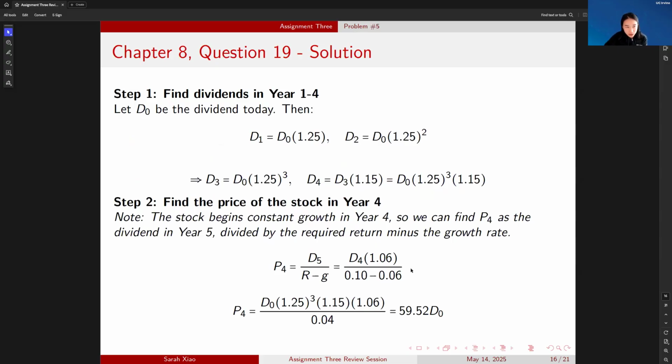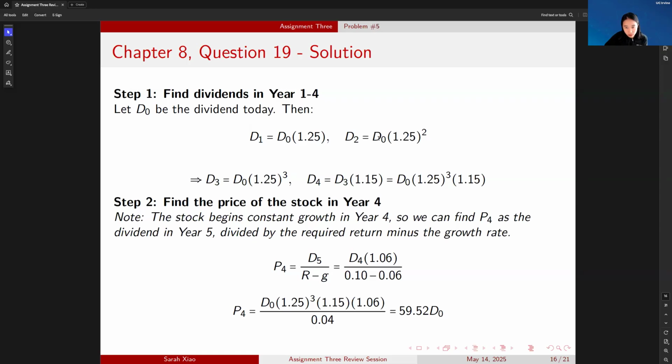So the first step, we want to find the dividends in years 1 to 4, because that is the first stage we just discussed. So we denote D0 to be the dividend today. Then D1 should be D0 times 1 plus the dividend growth rate.